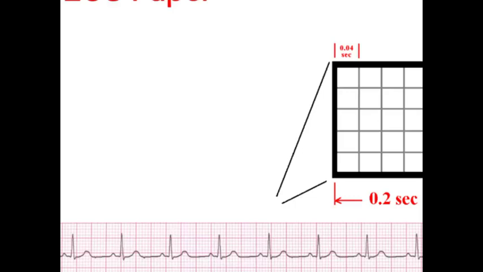The vertical and horizontal lines of this square represent something in the ECG, and you have to know this very well, because it is very important. One big square equals 0.2 second, or 200 milliseconds. This is time.